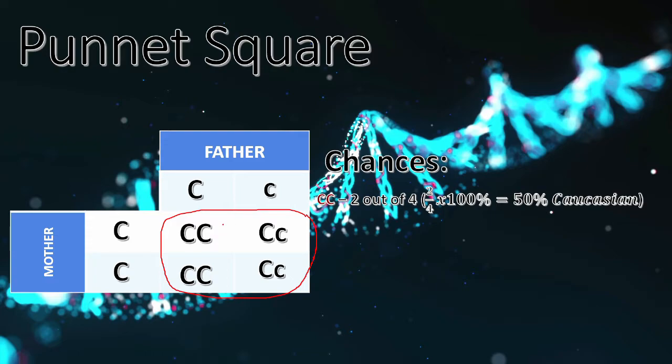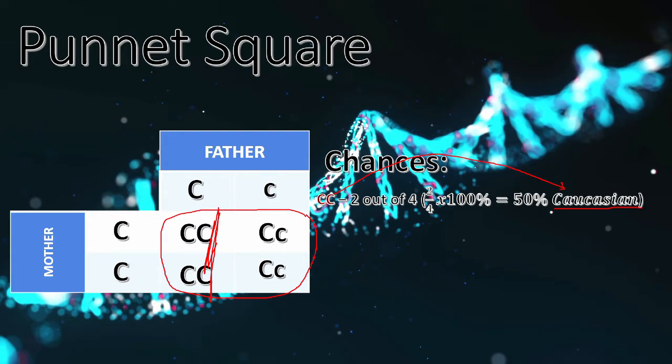So first we need to determine this one, two capital letters. It is actually 2 out of 4. The same computation that we did previously. So 2 divided by 4 times 100%, which gives us 50% Caucasian.